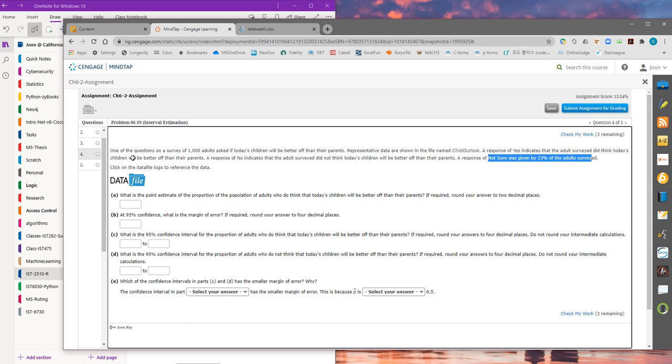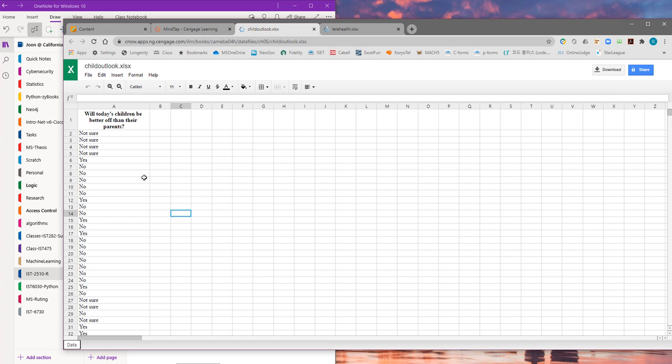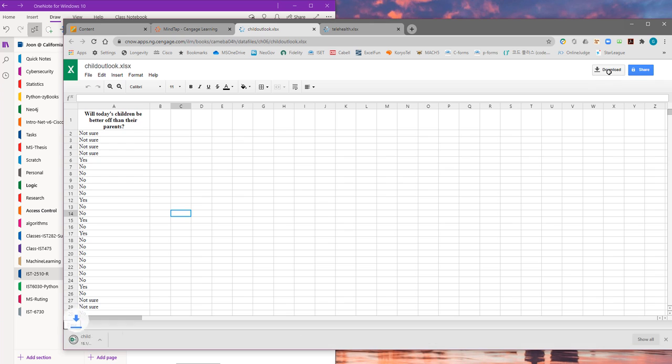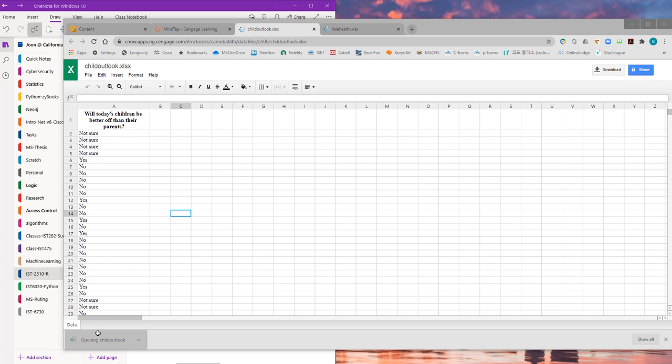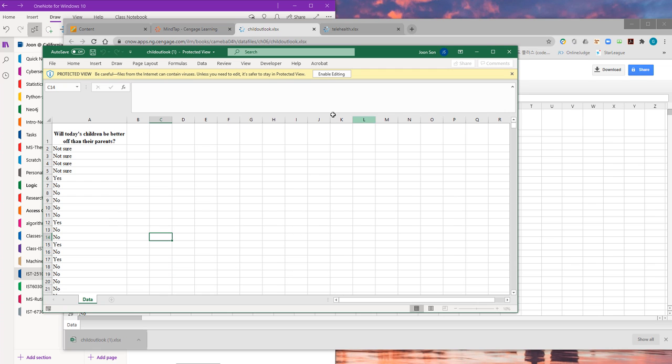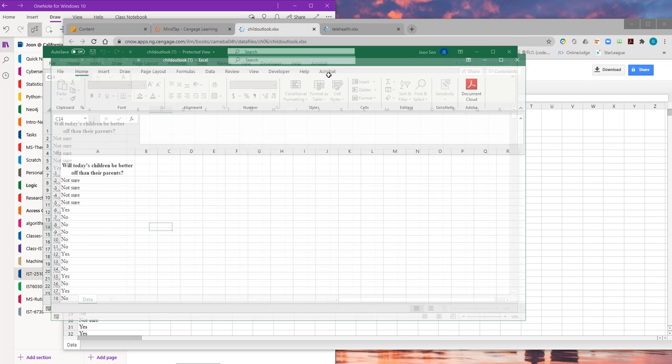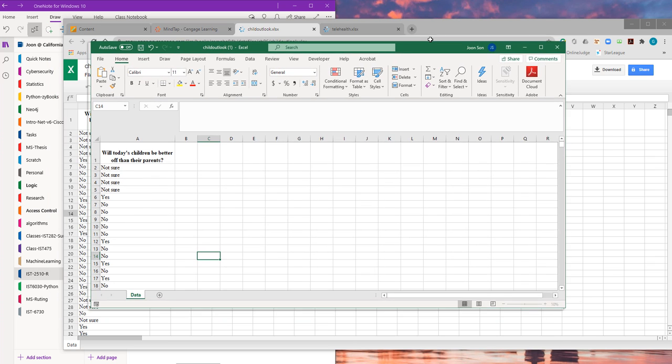Click on the data file logo to reference the data. Let's first download this data, and then enable editing. Let's take a look at this data.